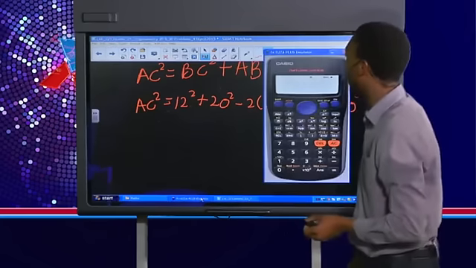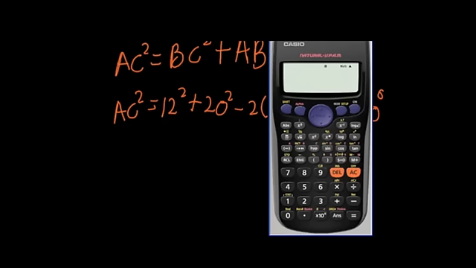So there's our calculator. We want the square root of that. So it'll be the square root of 12 squared plus 20 squared minus 2 multiplied by 12 times 20 cos of the angle, which is 110 degrees.